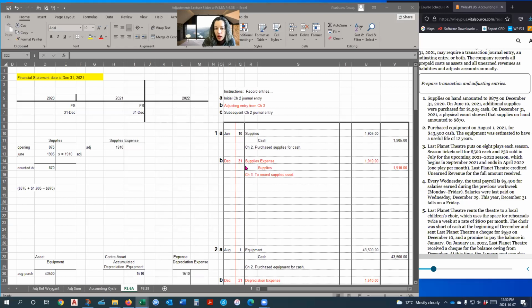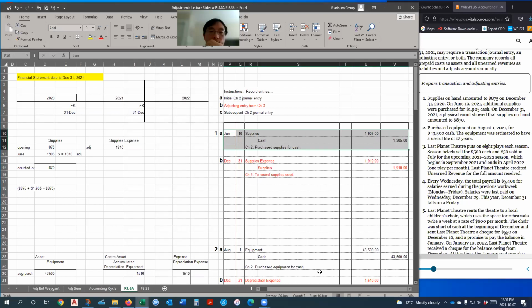That's right. So not marked at the end of the year. That's right. This journal entry was done in June. So then what would happen is on December 31st, we'd see an account that has $875 plus $1,900 in it.